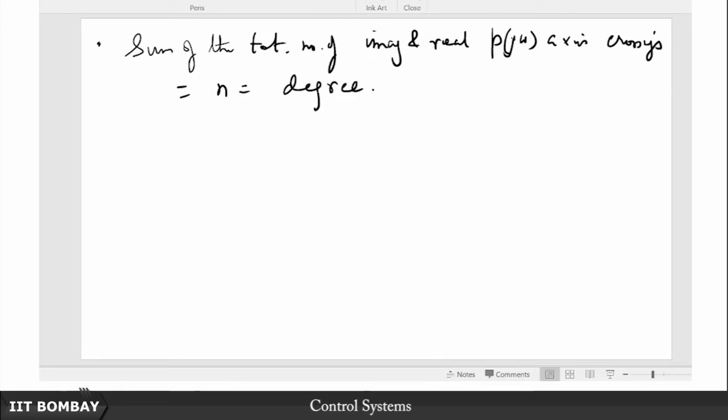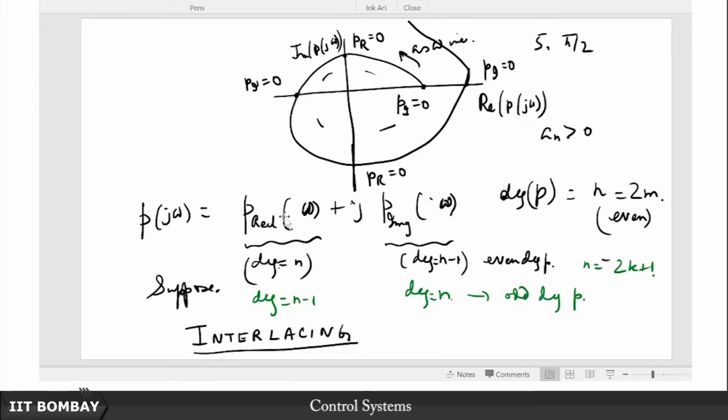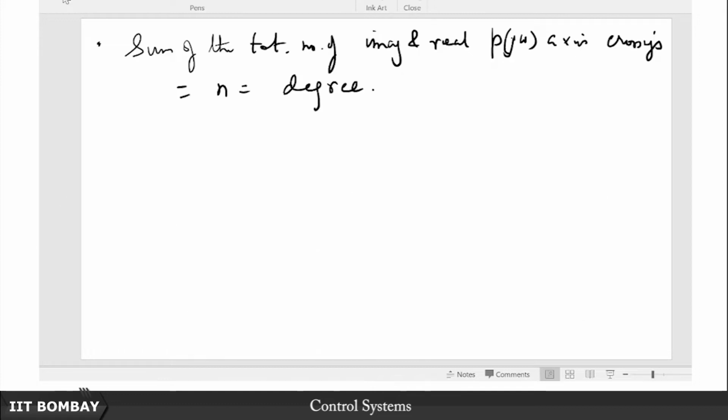In addition, I know that one of these polynomials, the real and the imaginary part, is of degree n, the other is of degree n minus 1. If it's an even polynomial, then the real part has degree n, the odd part has degree n minus 1. If it's an odd polynomial, the even part has degree n minus 1 and the odd part has degree n. So now, what does this tell me?